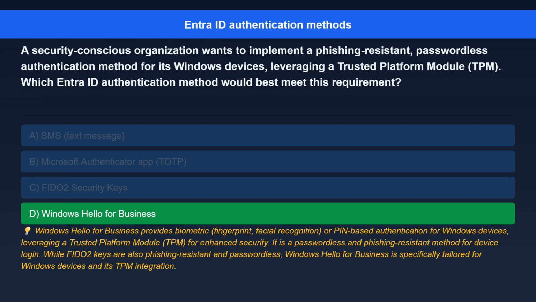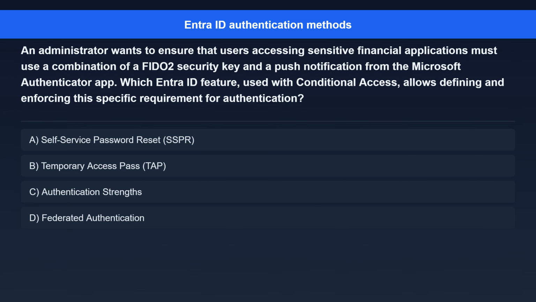It is a passwordless and phishing-resistant method for device login. While FIDO2 keys are also phishing-resistant and passwordless, Windows Hello for Business is specifically tailored for Windows devices and its TPM integration.